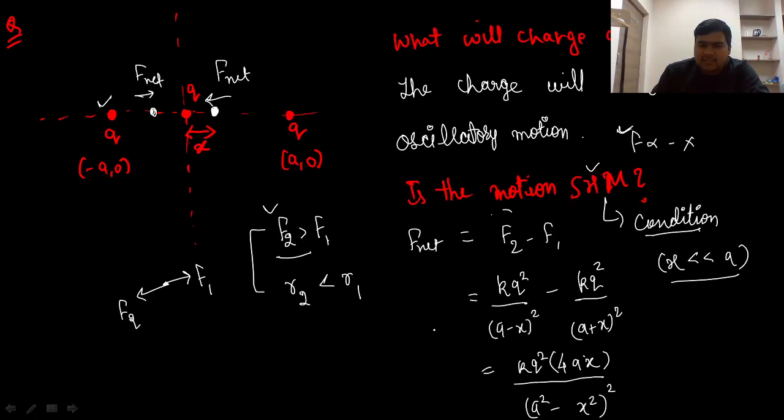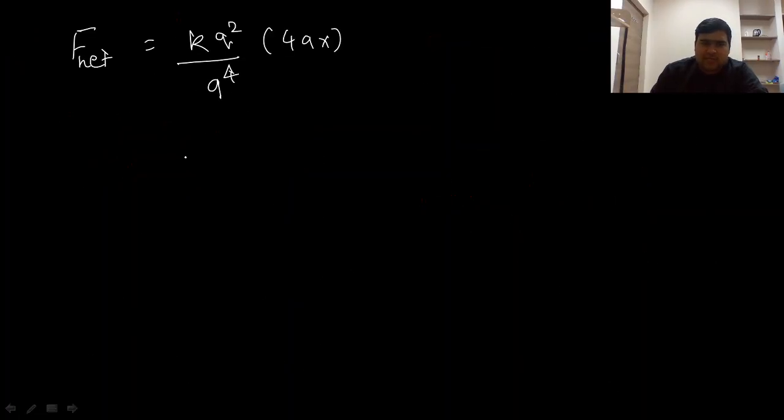How can I write it as this? Because a² is very much greater than x², so a² minus x² can nearly be written as a² only. If this condition is true, one a gets cancelled out and we have kq² upon a³ into 4 into x.